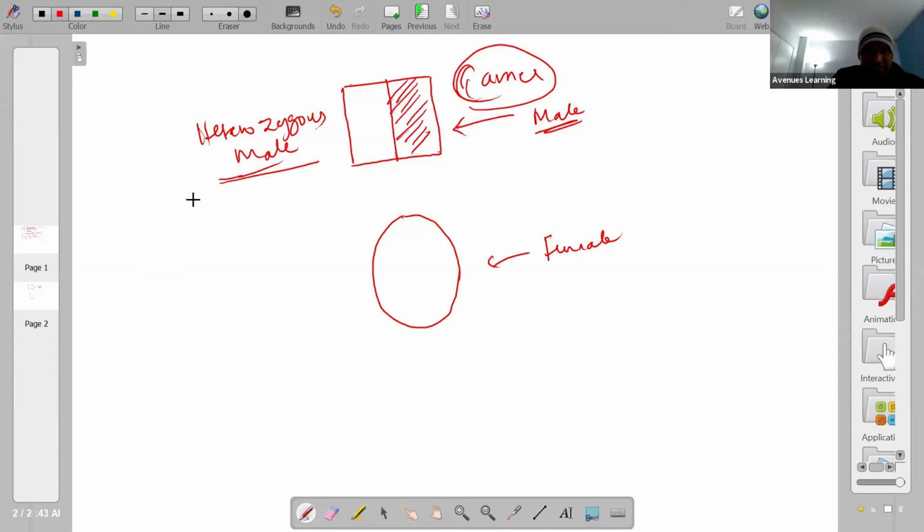Now, when you say one is dominant and the other one is recessive allele, Vikram, can you just tell me, are the alleles present on the same chromosome or different chromosomes? If they are on different chromosomes, what do you call those chromosomes? Vikram.